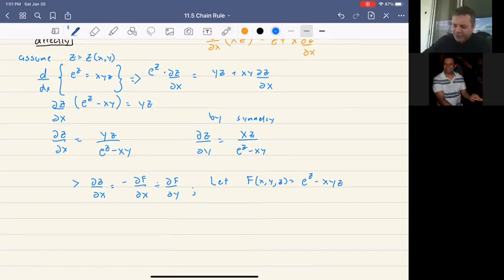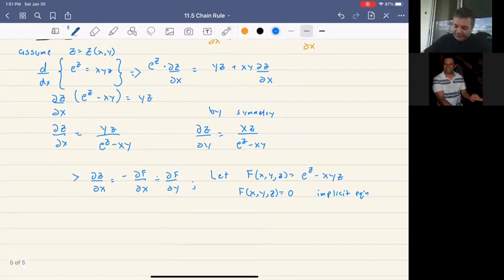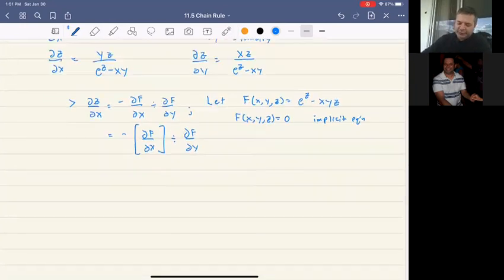So our equation, f of x, y, z equals 0, is our implicit equation. Okay, so now let's take the negative partial of f with respect to x divided by partial of f with respect to z.